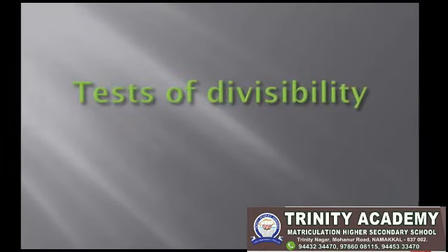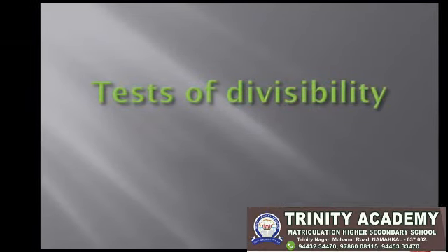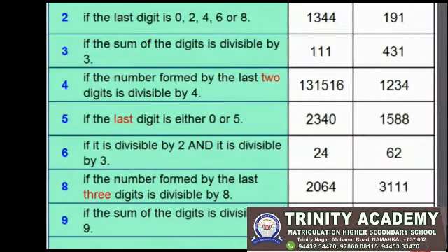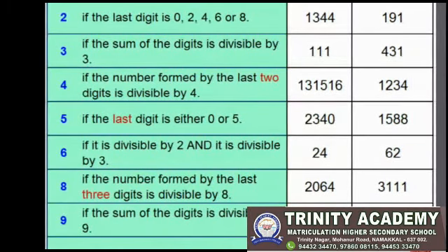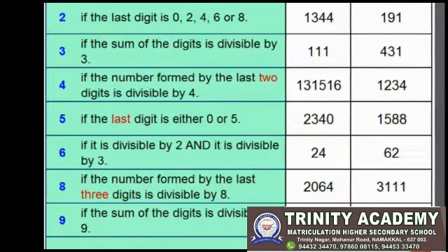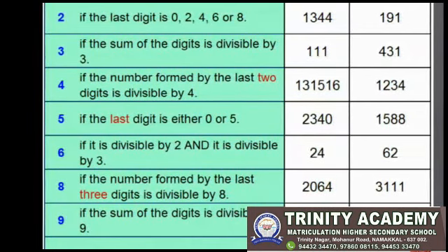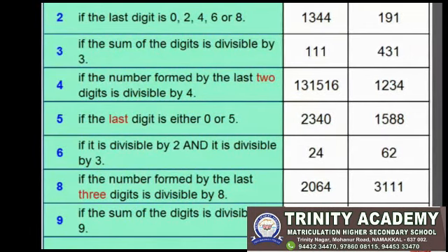Next, we are going to see tests of divisibility. Divisibility by 2: if the last digit is 0, 2, 4, 6 or 8, it is divisible by 2.